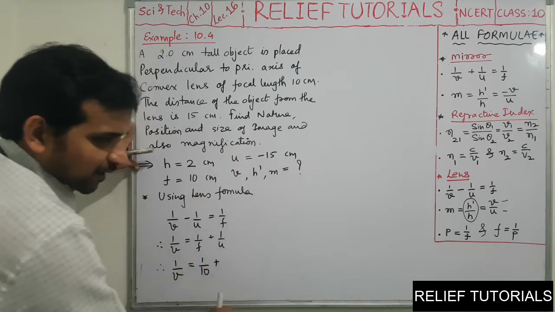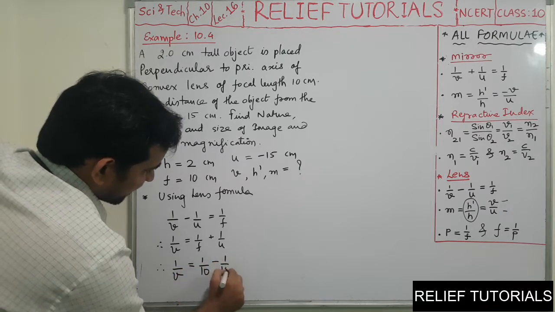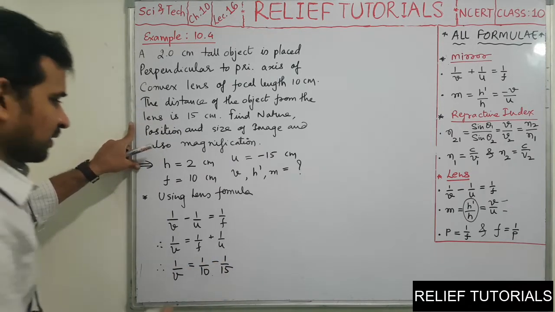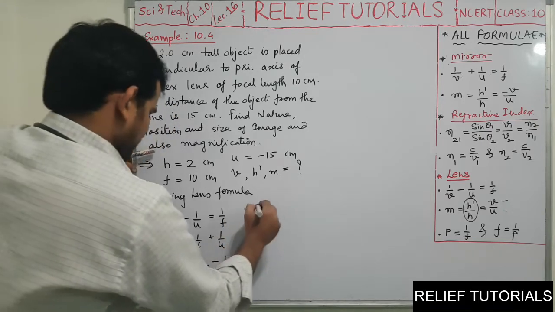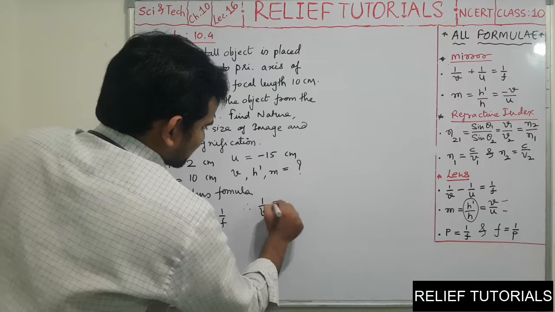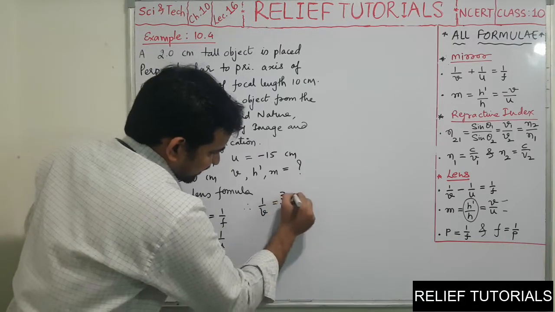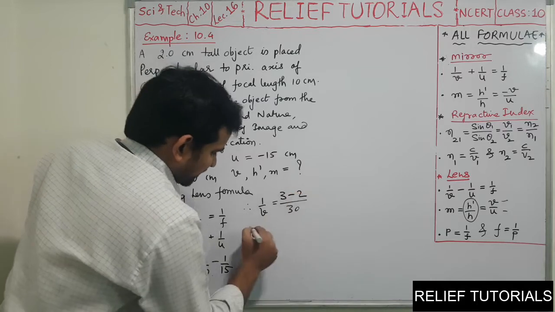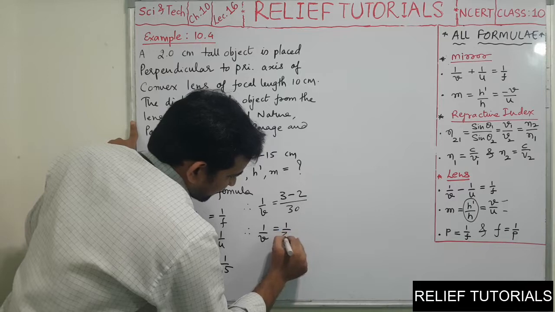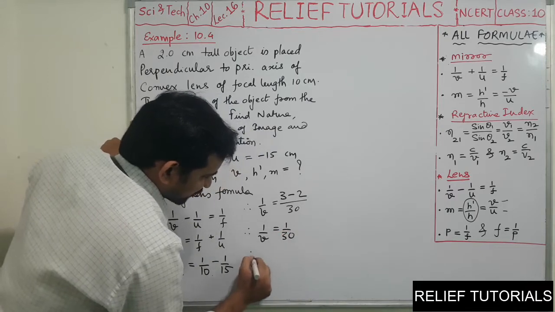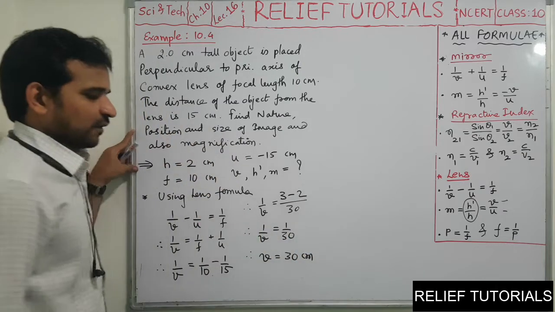So it's minus 1 by 15. Here is plus, so plus minus 1 by 15. Therefore the LCM of 10 and 15 will be 30. 1 by v is equal to 10 3s are 30, 15 2s are 30, so 3 minus 2, 1. So 1 by v is 1 by 30. Take the reciprocal on both sides. v is equal to 30 centimeter.